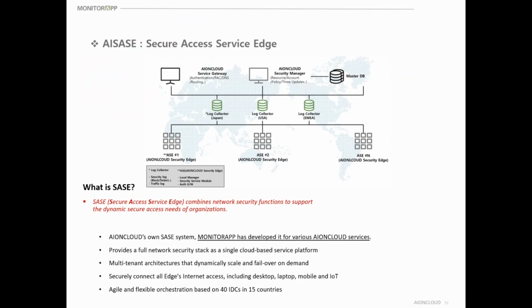SASE stands for Secure Access Service Edge. Before I explain why we use this SASE, SASE is a combined network security function. SASE combines network security functions to support the dynamic secure access needs of organizations.